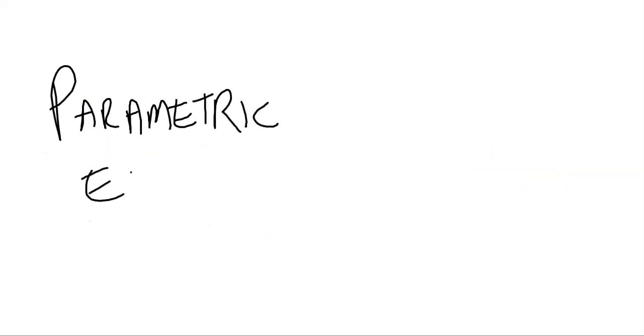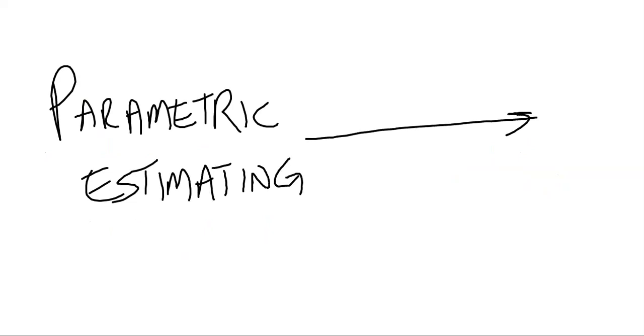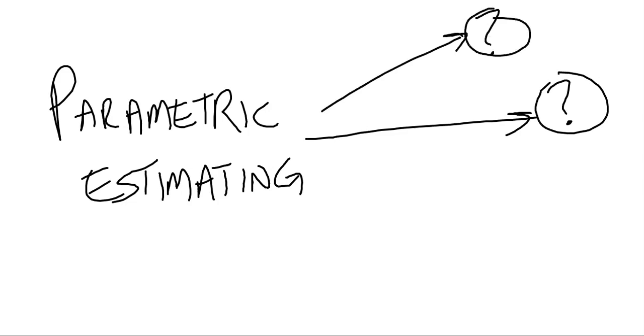Parametric estimating. Where do we use this, my friends? I'm giving you a clue. There are 3 stems here, which means there are 3 places that you use parametric estimating. I'll give you 20 seconds.